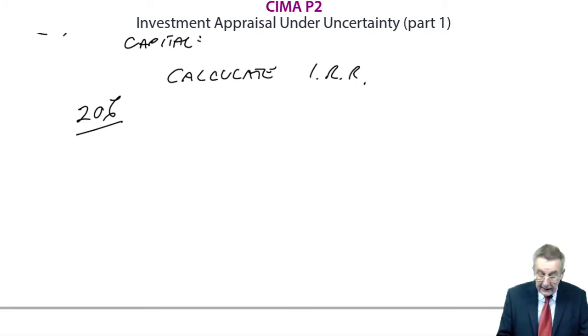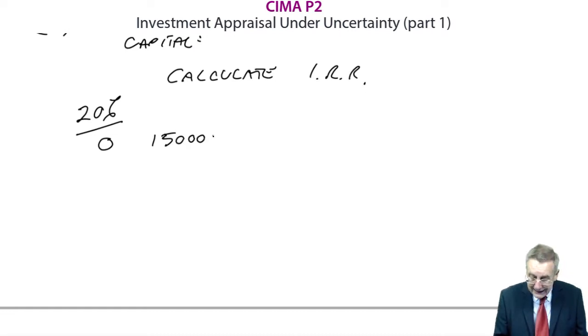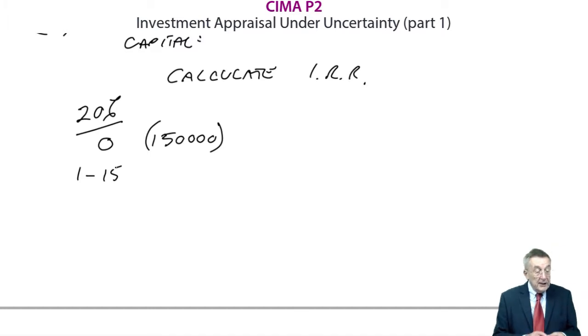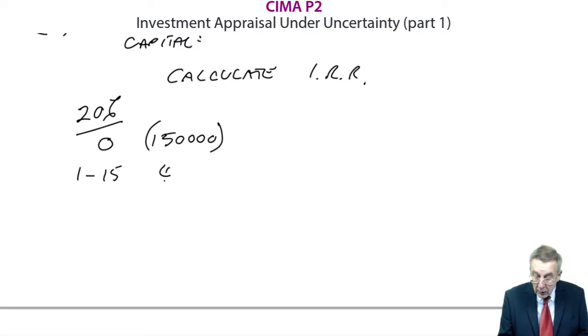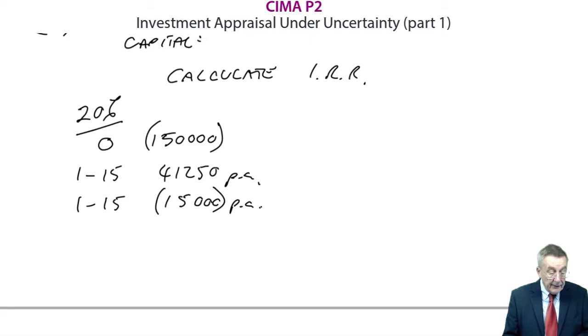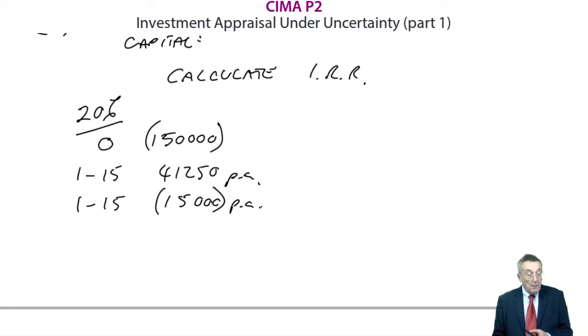So the flows again. The cost was an outflow of 150. We've then got contribution of, in total, 15,000 times 275, 41,250 per annum. We've got fixed costs, 15,000 a year for 15 years.